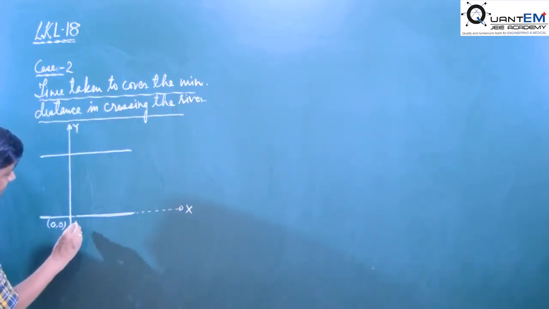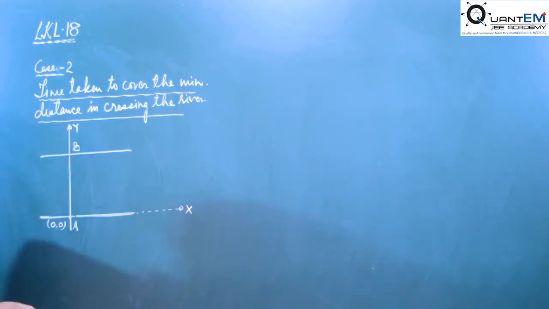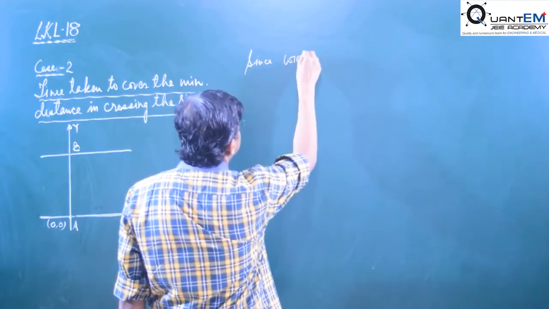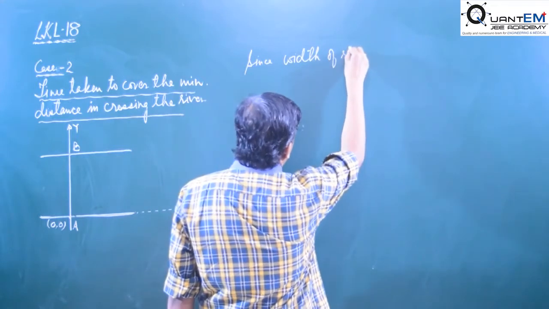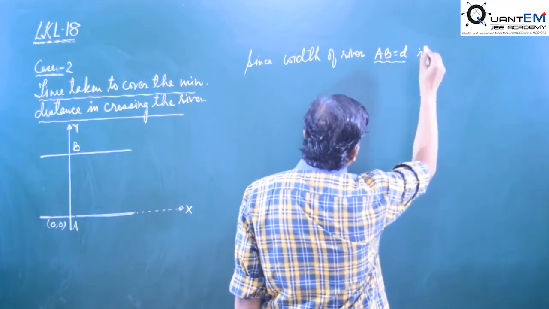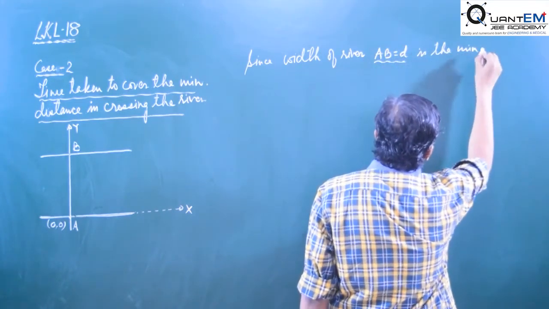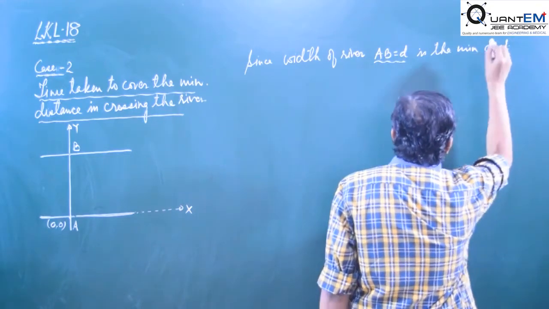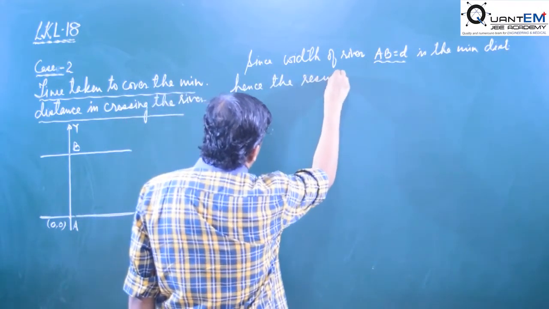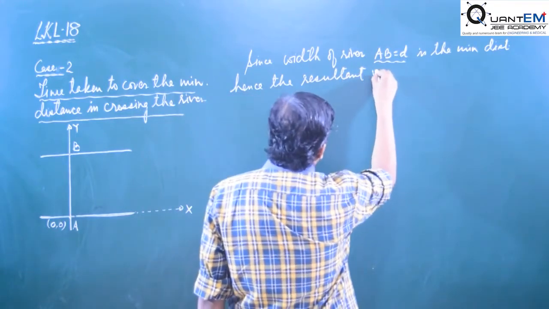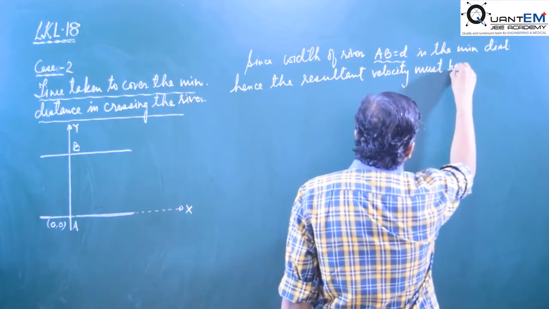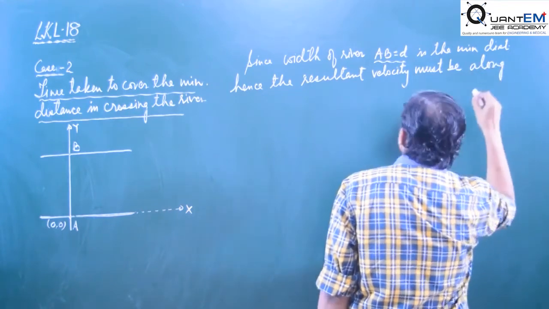So it is A, and this point is B. So, since the width of the river, that is AB, is equal to D, the minimum distance in crossing the river, hence the resultant velocity must be along the line AB.